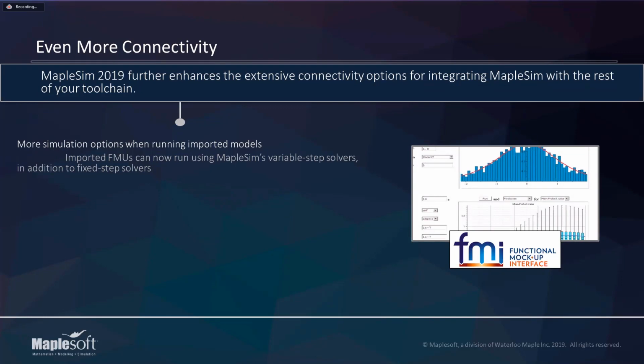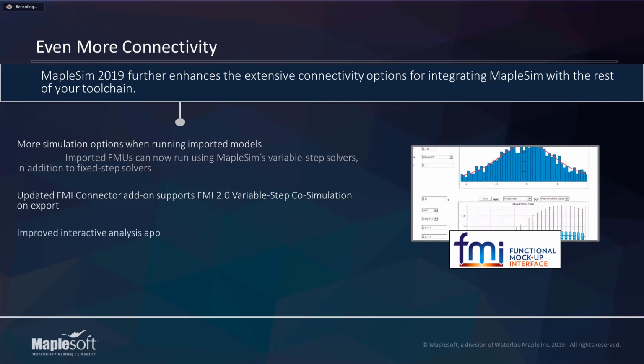This means that you're not restricted to just using, say, an Euler fixed step solver. You can now take advantage of our variable step solvers and the simulation advantages that come with them. We have an updated FMI connector add-on for FMI 2.0 variable step co-simulation on export. Again, this is us trying to stay on top of all the standards for FMI and FMU connectivity.